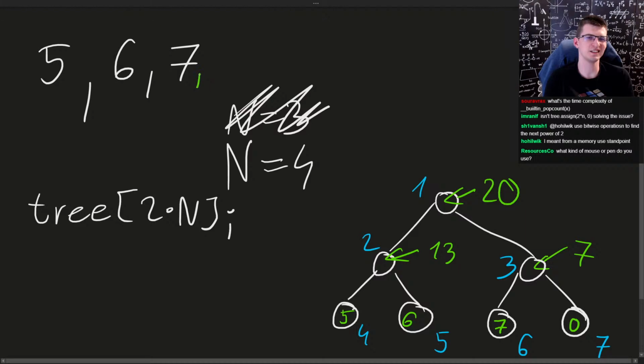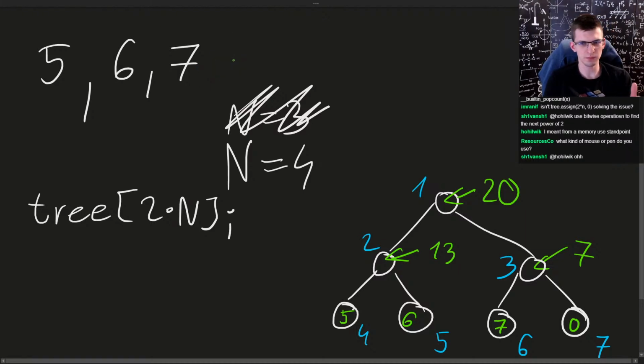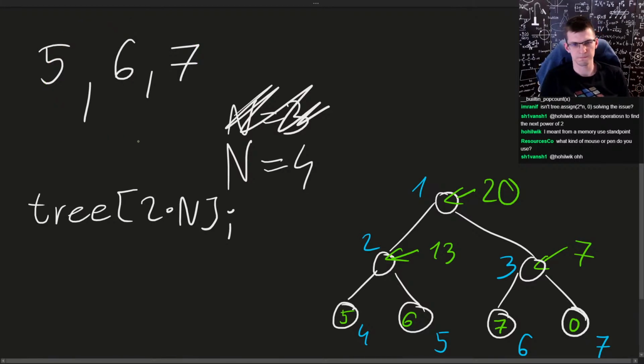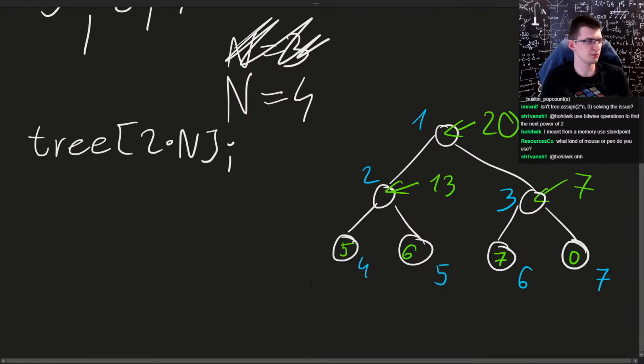It's not that I needed to push back 0. But what you see on the screen is exactly what my code will do for the starting sequence of 5, 6, 7. And then if they tell me to modify the second value to 6, then it will modify value 6, 13, and 20.